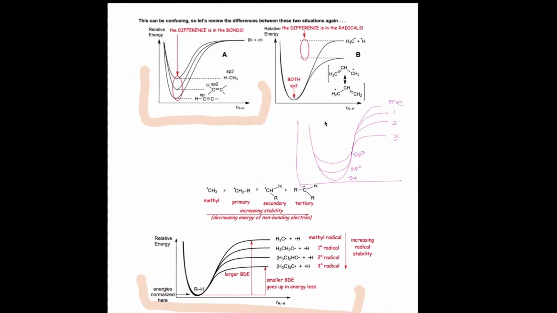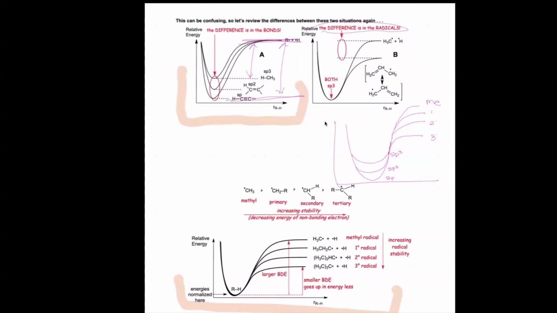So if this is your normalized line, your sp3 has smaller bond dissociation energy than your sp. See that there? And so you notice the difference with radicals, because it really depends on what kind of radical you're getting out.